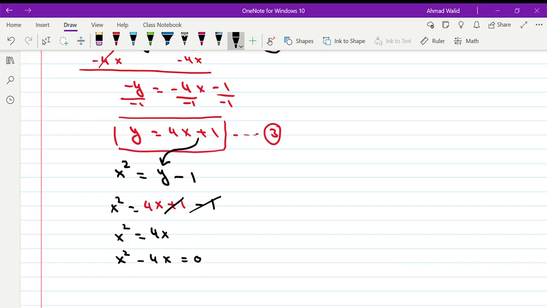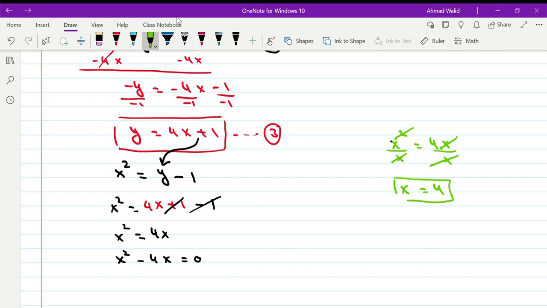Do not make this mistake, please. Let me put the wrong way here for you. x squared equals 4x. Oh, I have here x squared, I have here x. Let's divide both sides by x. If you do this, you end up with x equals 4, only one answer.